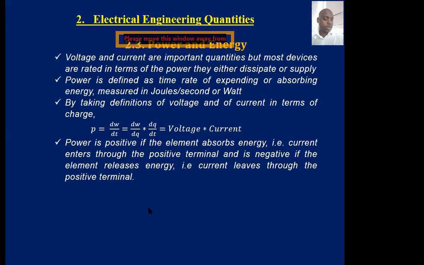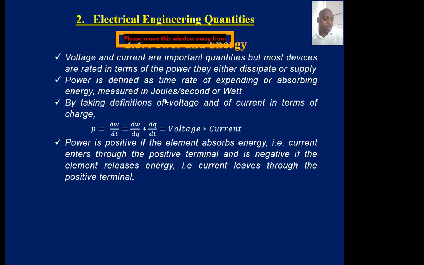So you realize that very few electrical equipment has a rating in voltage or current. In most cases, they talk about the power dissipated or the power supplied, right? But then power is defined as the time rate of expending or absorbing energy measured in joules per second, and the unit is given as the watt.